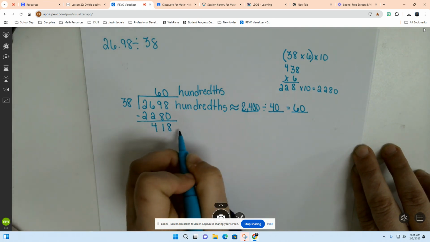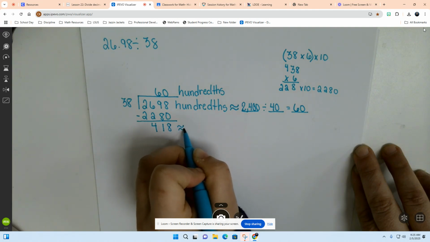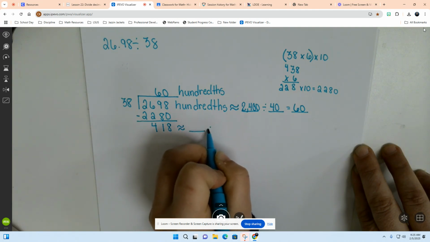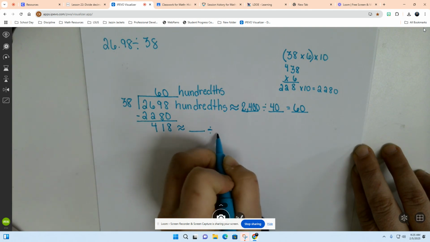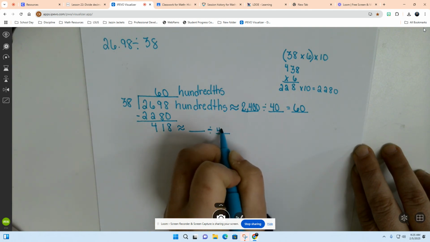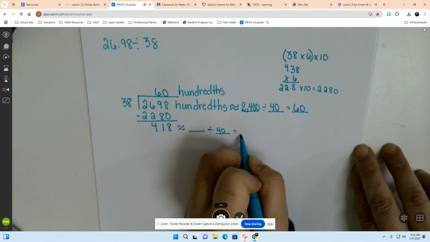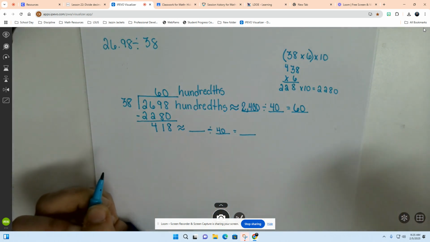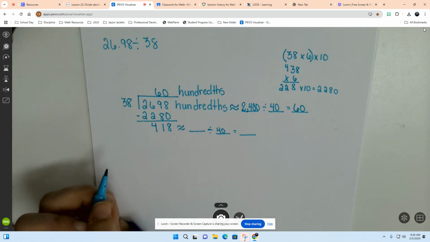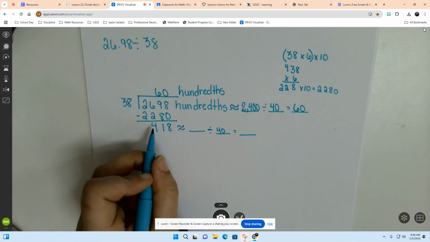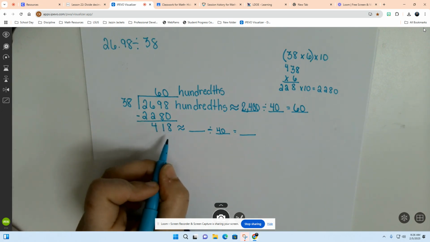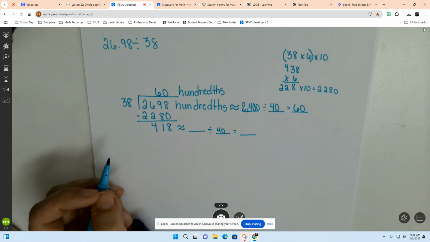Again, I'm going to estimate. Put your blanks in there. But this time, you know, this is going to be 40 again. So think, if we counted by 40s, what's something that would be kind of close to 418? 400.